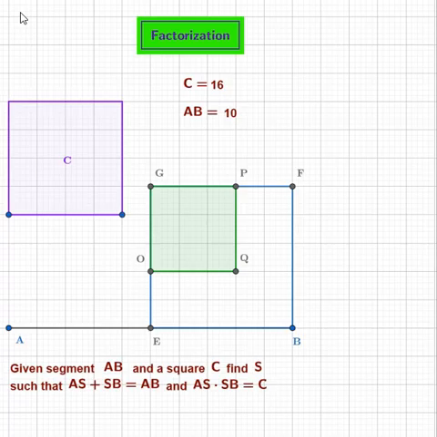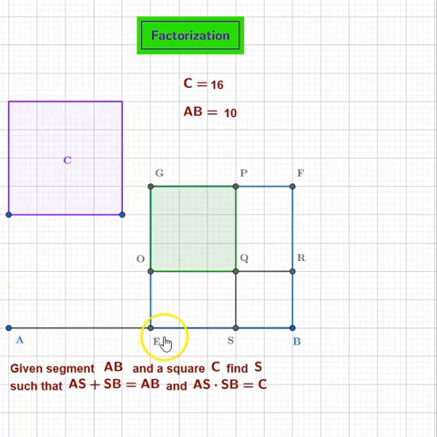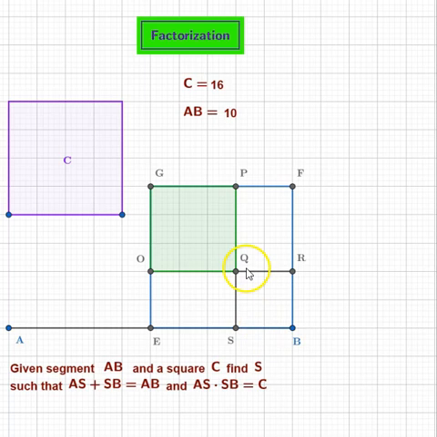Now we extend OQ to R, and we extend PQ to S, and we complete this parallelogram or rectangle ASQ up to here.